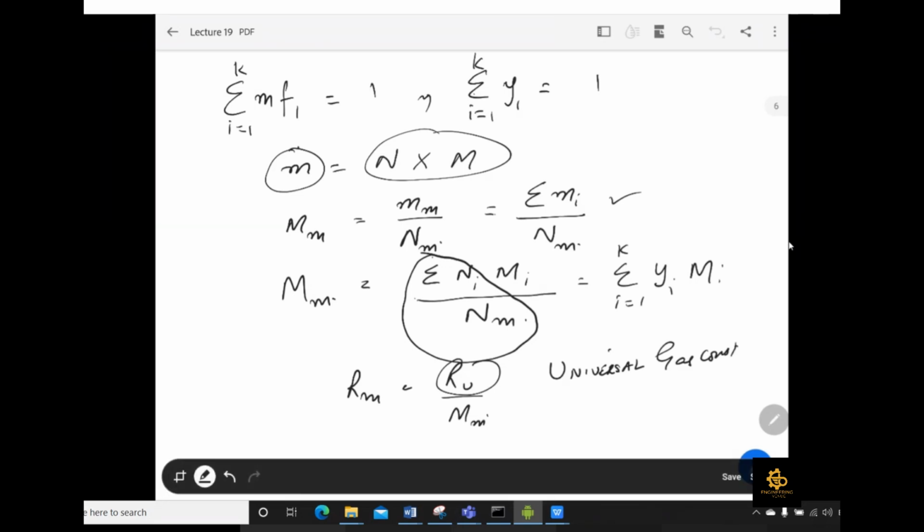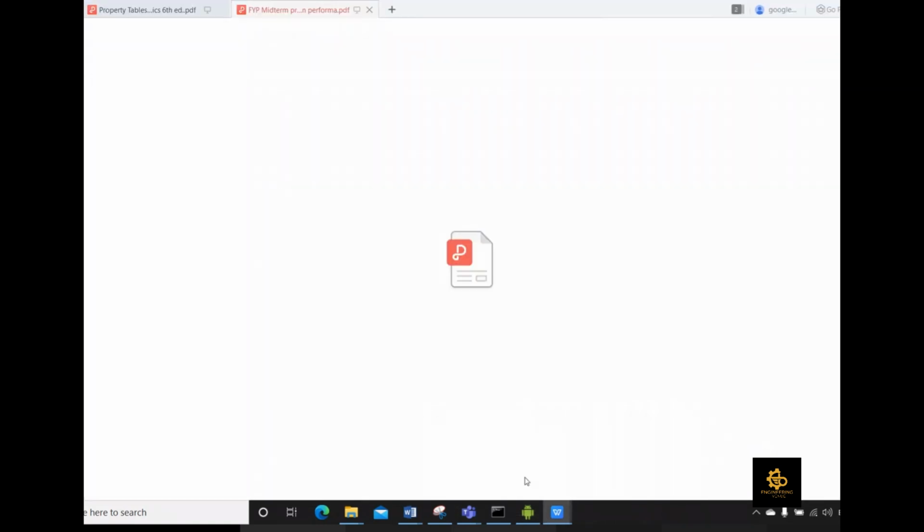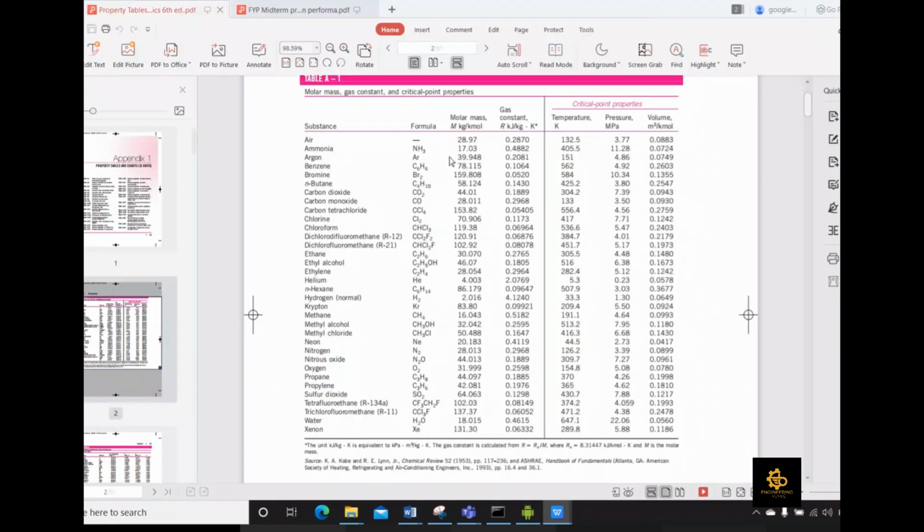This universal gas constant value you can easily find in your thermodynamic tables. If you go to your property table, it is Table A1. From here you will also get the molar mass. So if you need to solve a question and you need the molar mass of some specific substance, you have to check this Table A1, and this is the gas constant value I am talking about.